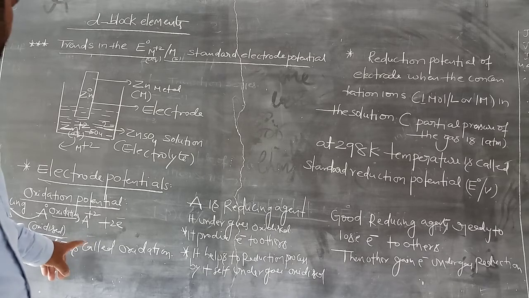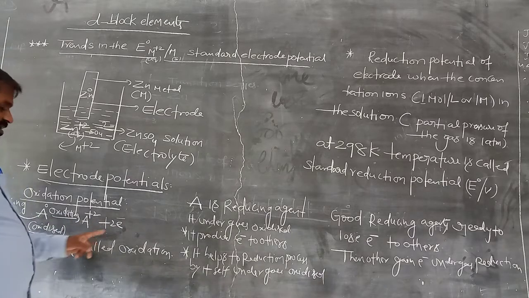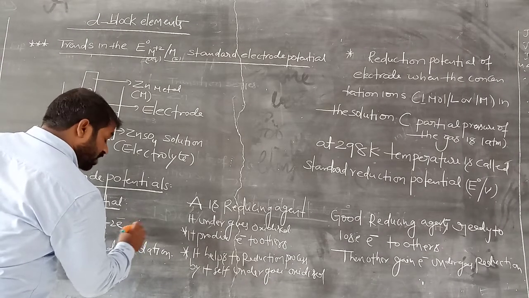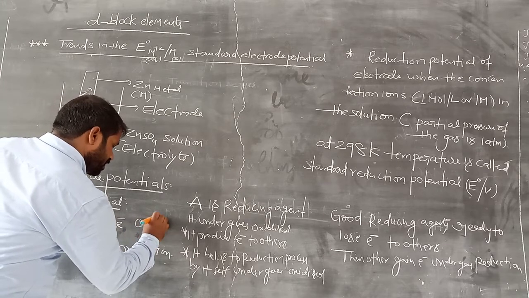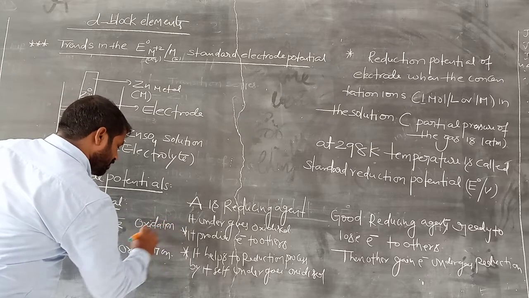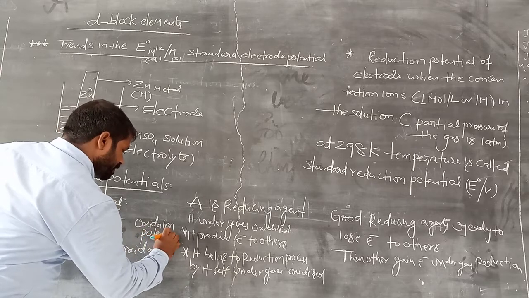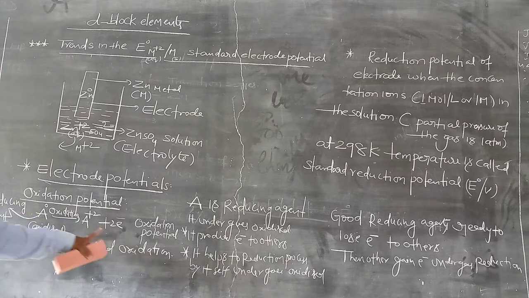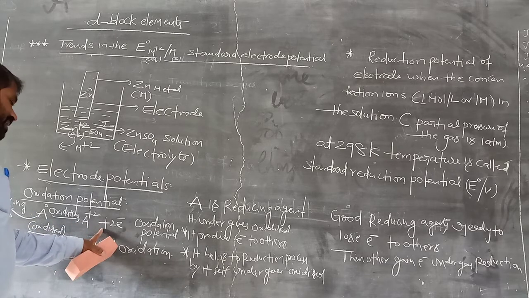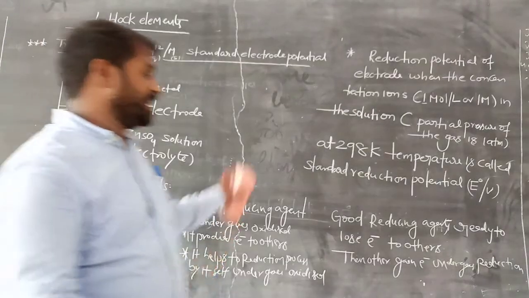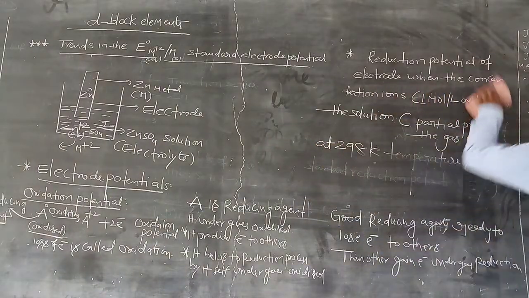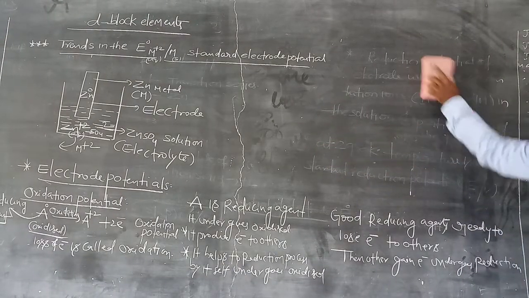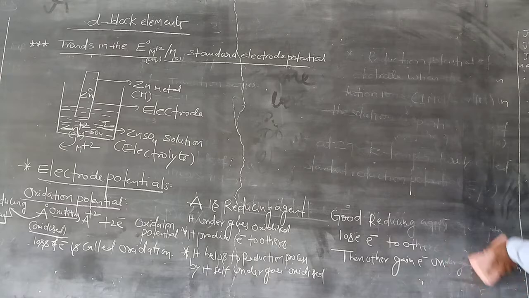By the loss of electron, the electrode potential is called oxidation potential. Oxidation potential, loss of electron, that is called oxidation, and the potential developed at this place is called oxidation potential. Remember this. During the oxidation process the potential that is developed is called oxidation potential.